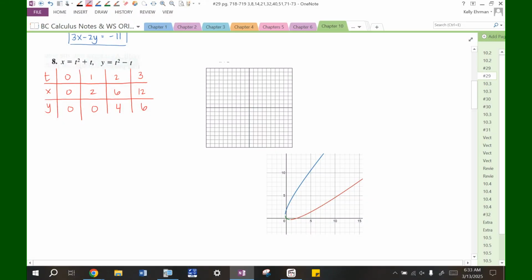Now, if I plot these points, 0, 0, and then 2, 0, I might be interested in what is this point? Like, is the graph going to go up between those two or down? Let me plot the rest of the points first. So 6, 4, and 12, that's like out here somewhere.